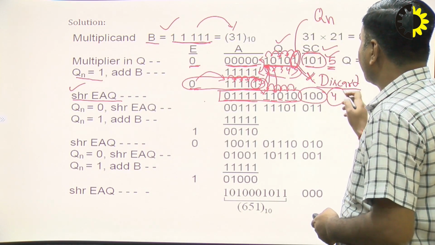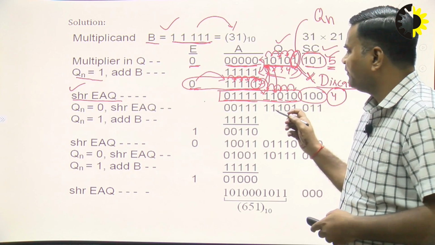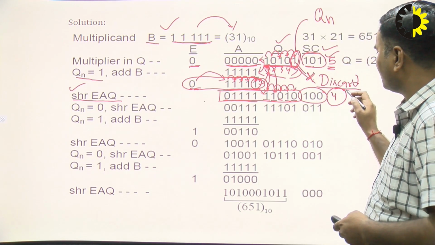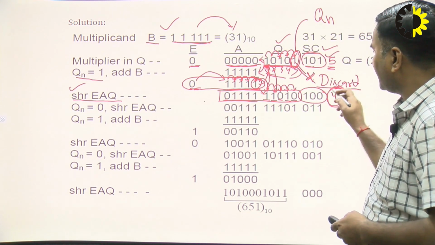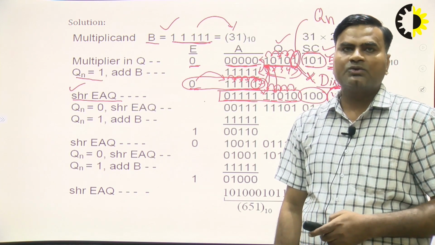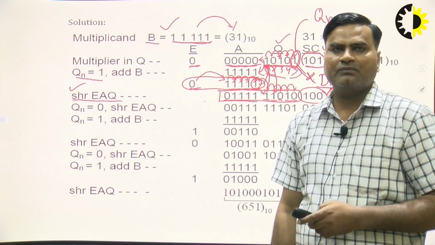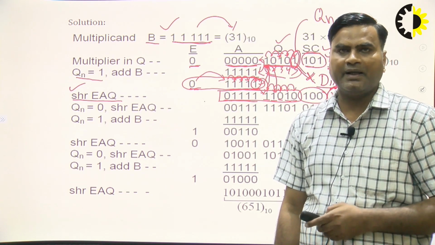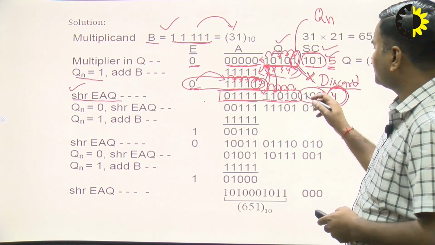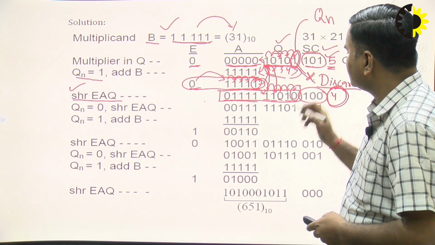Here we decrement the counter by 1, that is 4. After that, we check the sequence counter. The sequence counter value is not equal to 0. Here the sequence counter value is 4. So, we have to go into the loop, and we have to check the value of Qn again. Here Qn is 0.